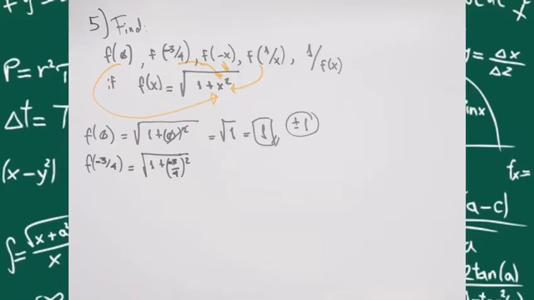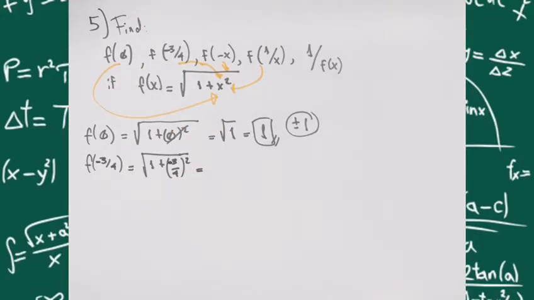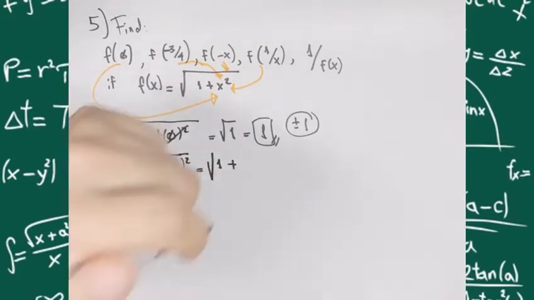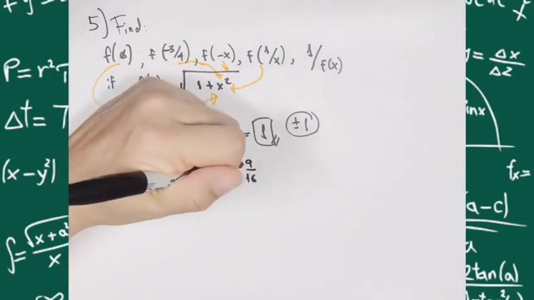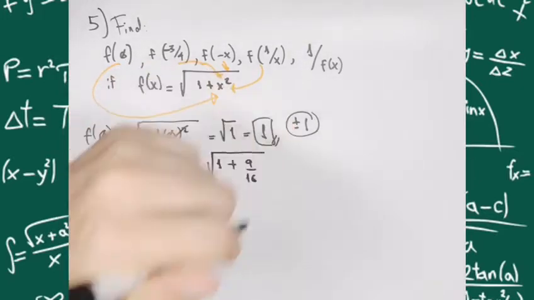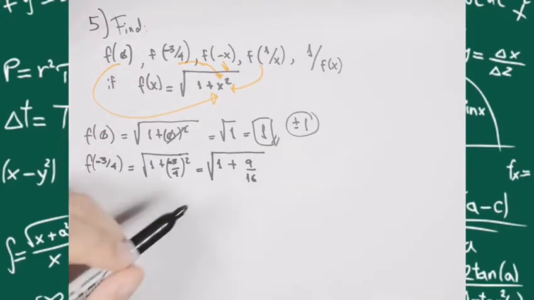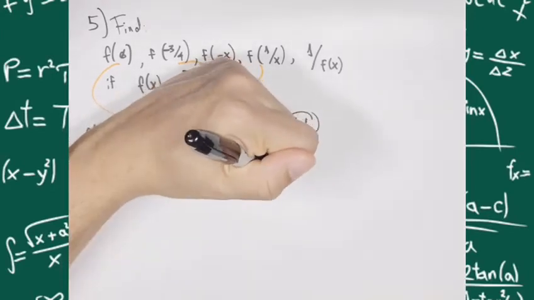The negative sign is not going to affect an even power. So we have the square root of 1 plus the square of minus 3/4, which is 9/16, because it's 3 times 3, 9, and 4 times 4, 16. As you can see, the minus doesn't affect. We would have had positive 3/4 and it would have been the same thing, because it's a square function.